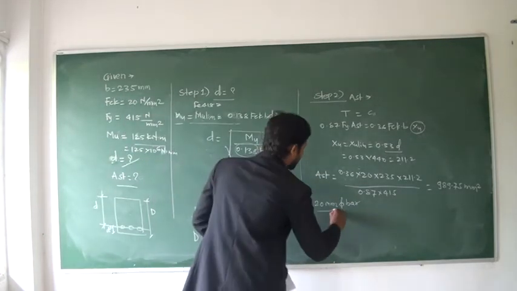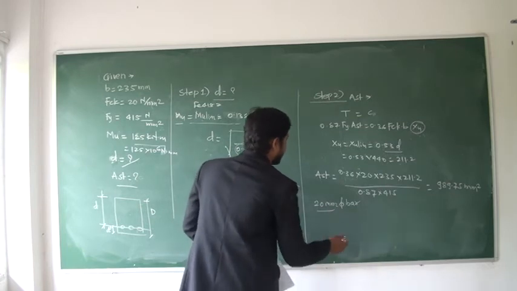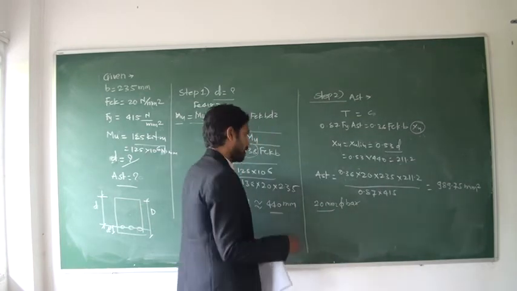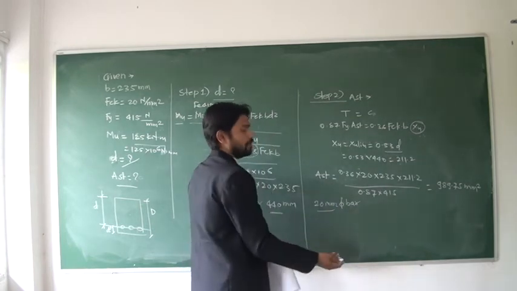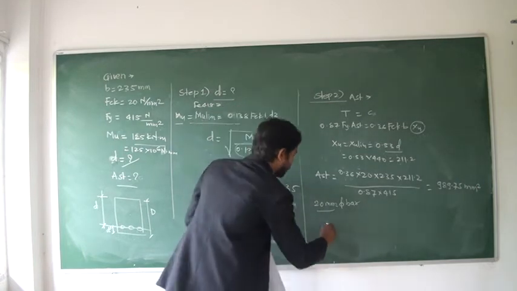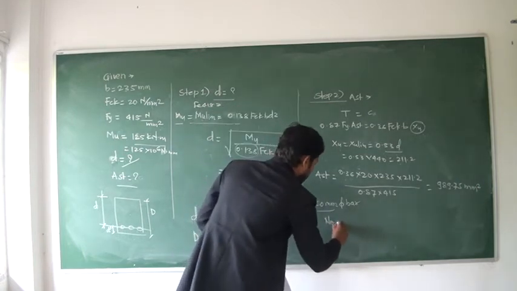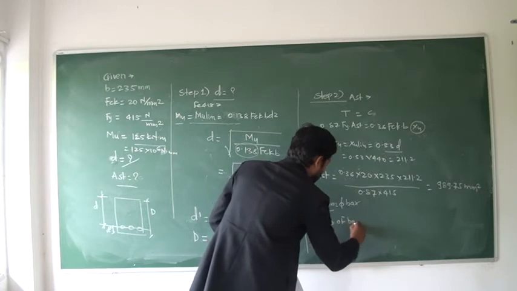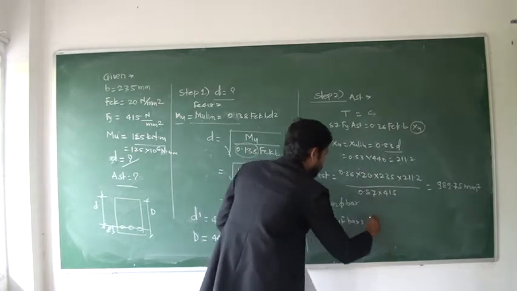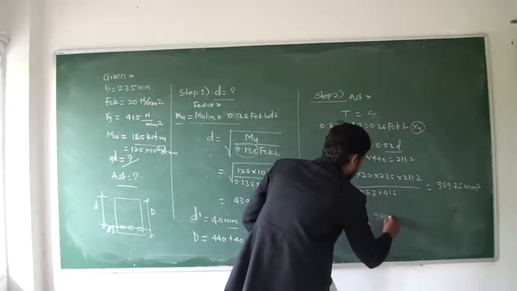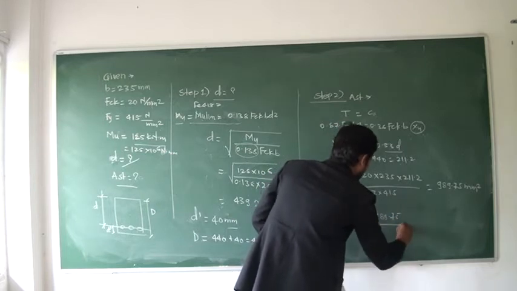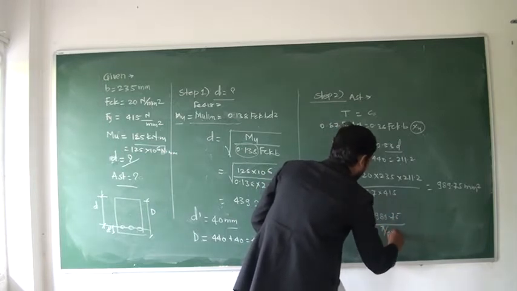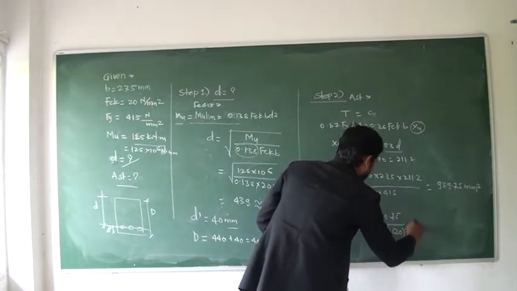So if I am using a 20 mm diameter bar, what is the area of each bar? We have to calculate total AST divided by the area of each bar. You will get the number of bars. So the number of bars will be equal to 989.75 divided by pi by 4 into 20 square.